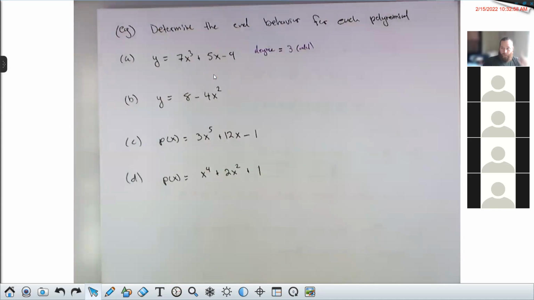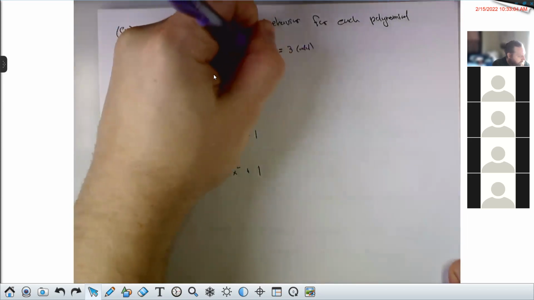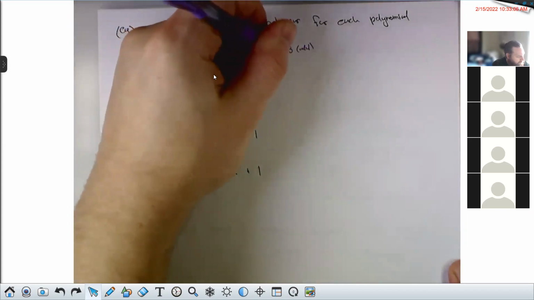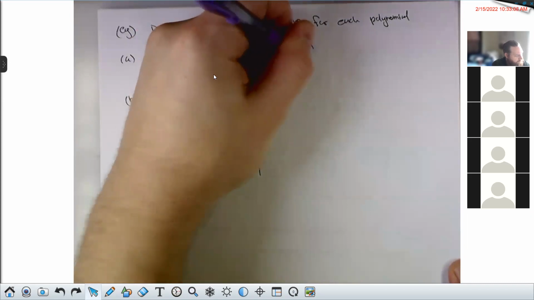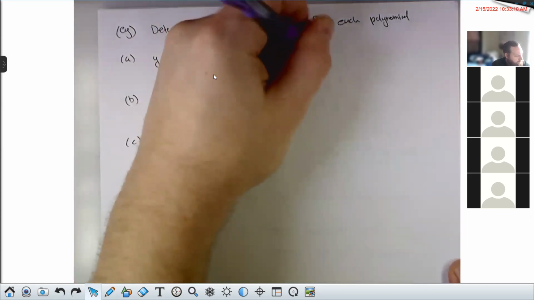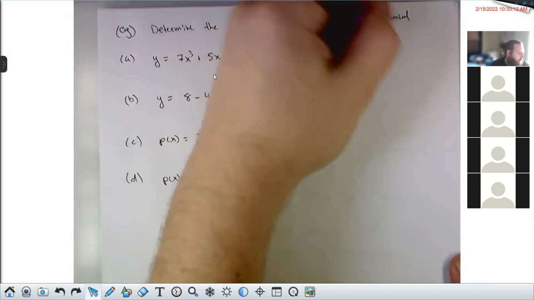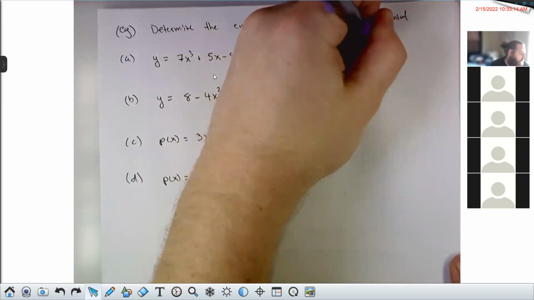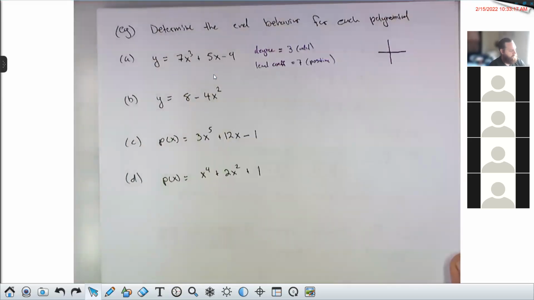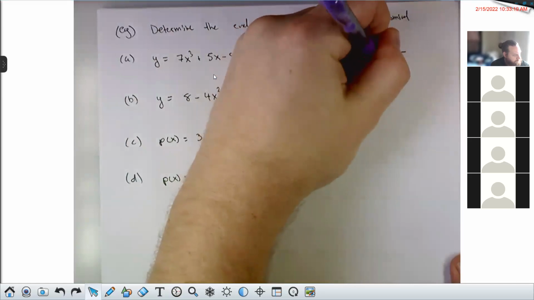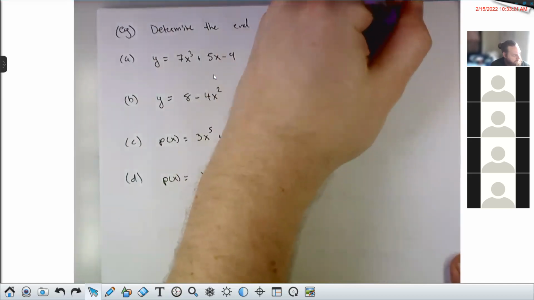So the arrows will be pointing opposite ways, right? Up on the left, down on the right, or up on the right, down on the left. The lead coefficient is 7, which is positive. So if I have an odd degree and a positive lead coefficient, then my arrows will go down on the left and up on the right.